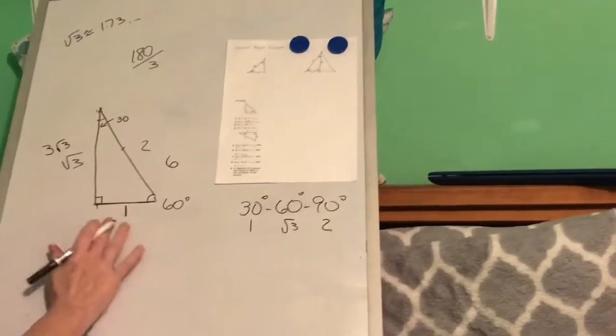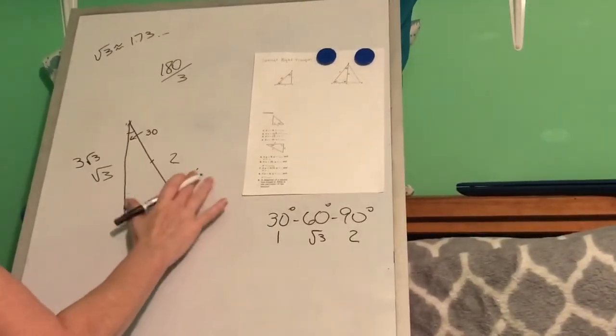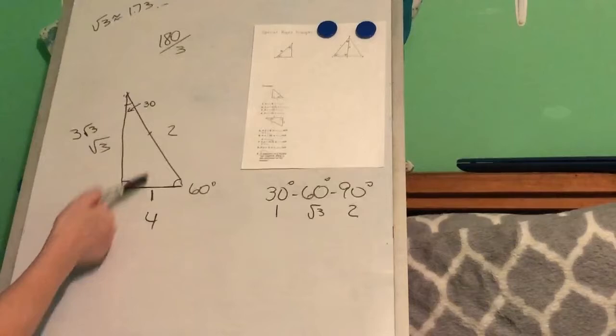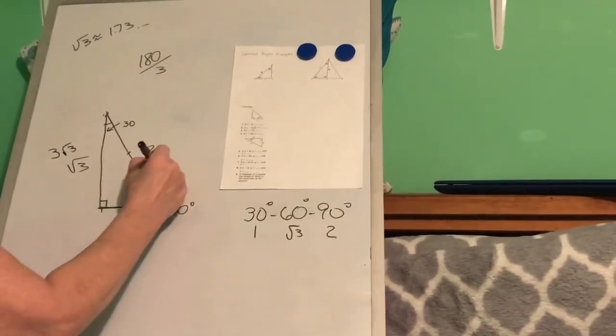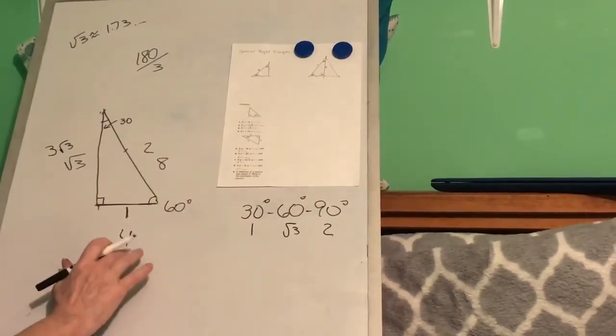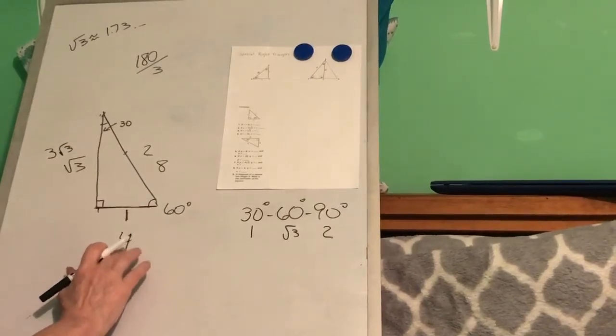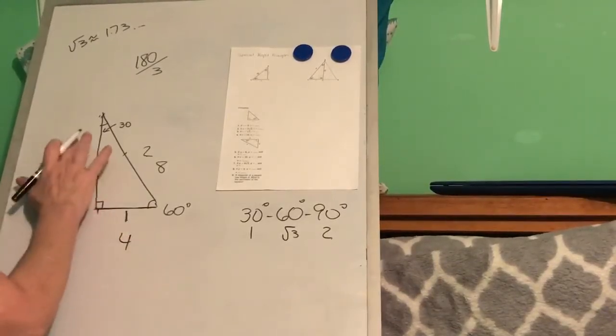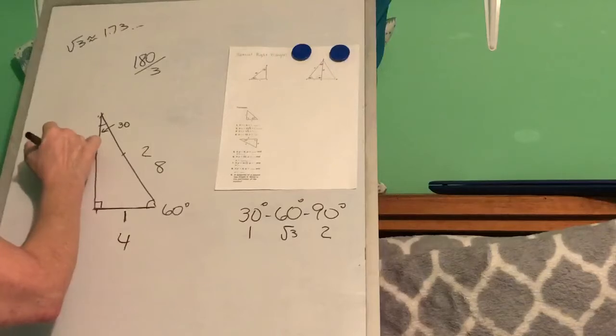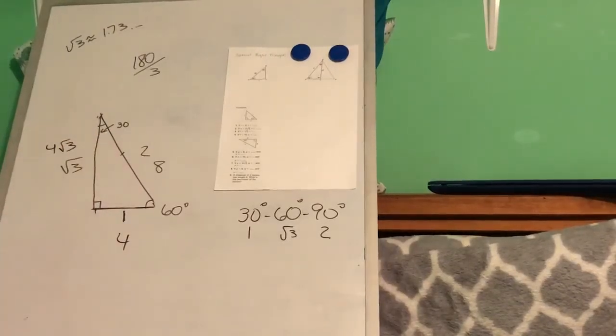If I have 4 down here, to get to my hypotenuse, I'm still going to double it. 4 times 2 gives me 8. Come back to the side opposite the 30, the short leg, and 4 times the square root of 3 gives me 4 square roots of 3.